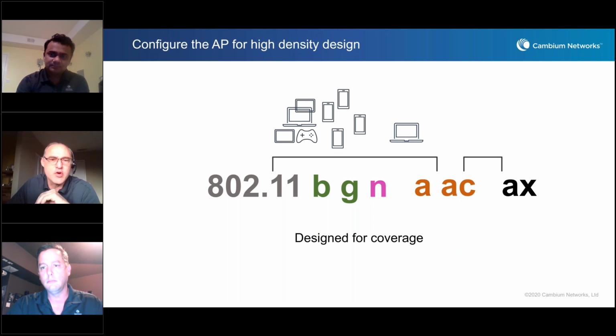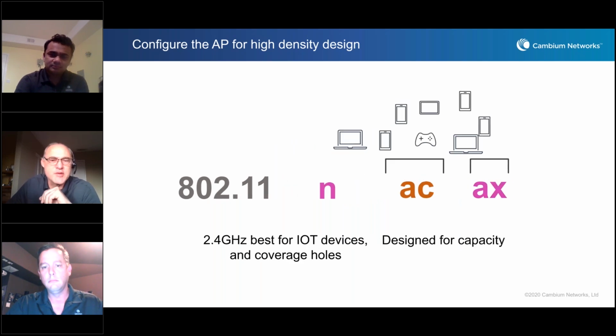So you don't want that to occur, because the 2.4 gigahertz just does not have the capacity that we need for our networks. This is what you want. You want things to be clustered towards the 5 gigahertz range. In fact, if you can get everything on 5 gigahertz, that is the best way to do it. So in this case, we're suggesting disable the 2.4 gig for data networks.